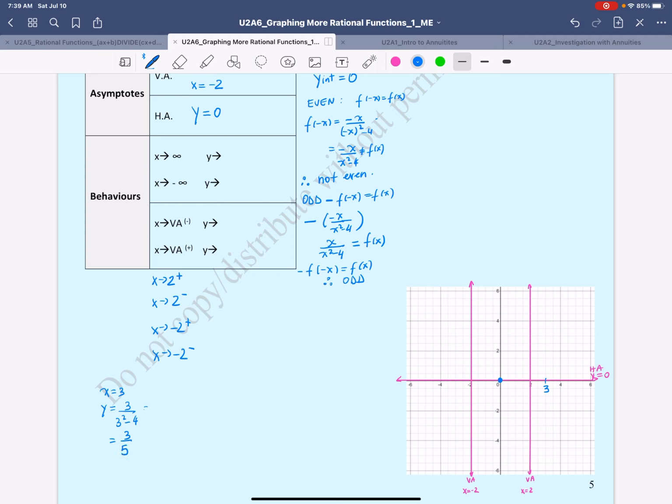So the graph then must pass through the point x equals 3, y equals 3 over 5. Now remember, this is 1 and 3 over 5 will be somewhere in here. So the fact that the graph has a point in here means that the graph will follow the horizontal asymptote and the vertical asymptote in this section of the graph. And this will be the shape of it.